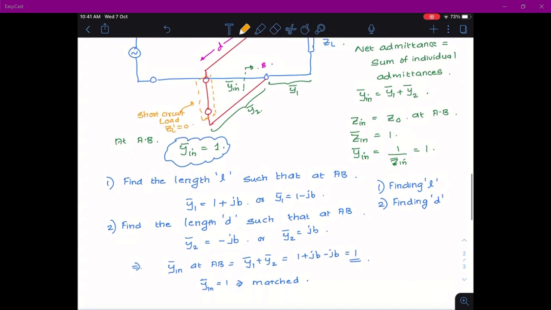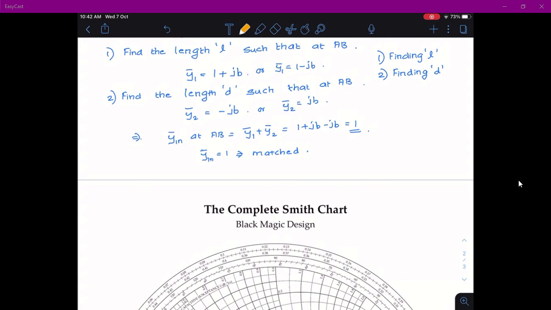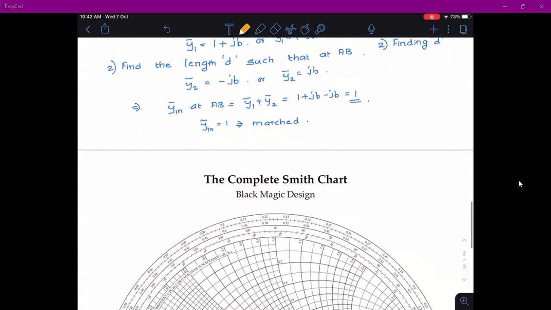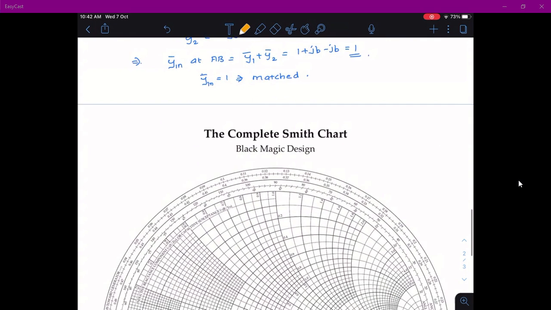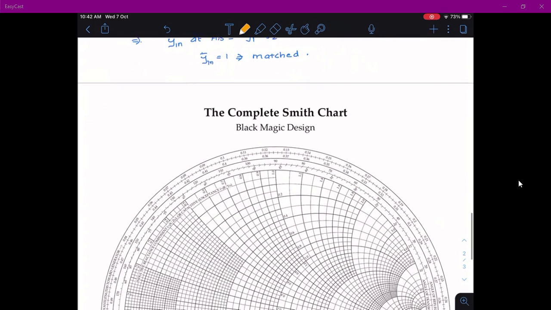So everything is there. Now finding this numerically is very tedious process. So instead we are going to use Smith chart. So this is the Smith chart, and we are going to first see how can we do this. Okay.